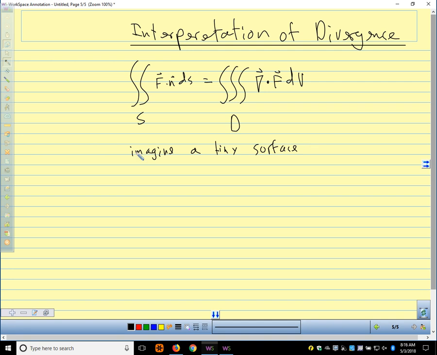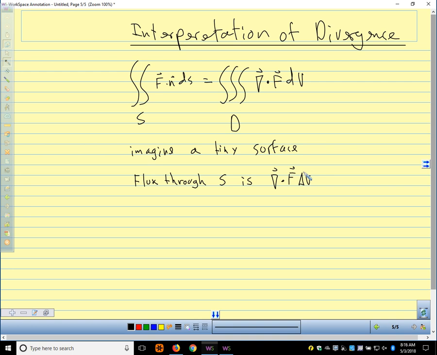The flux through the surface is approximately, if it's very tiny, the divergence of F times delta V. And delta V is the volume enclosed by that tiny surface.